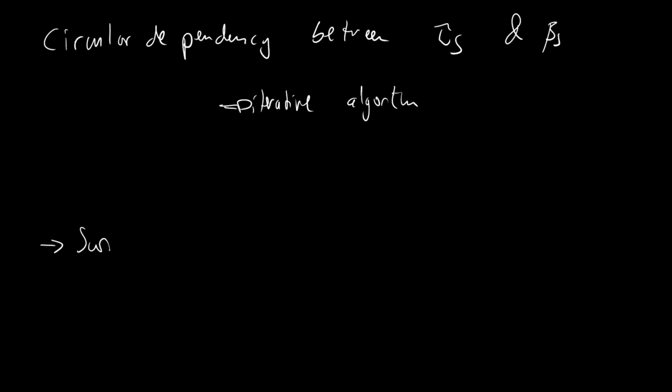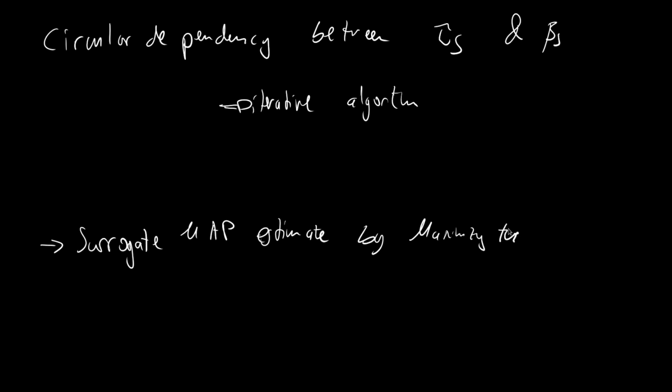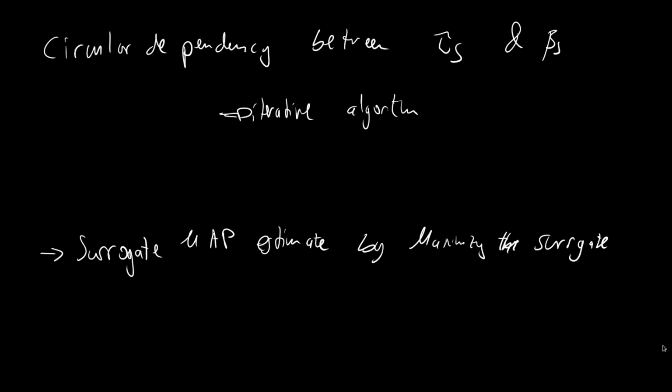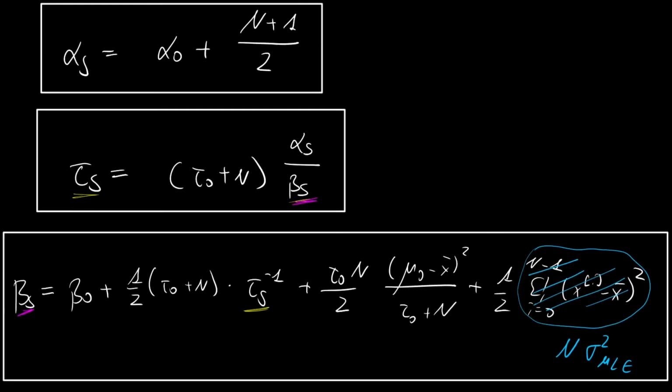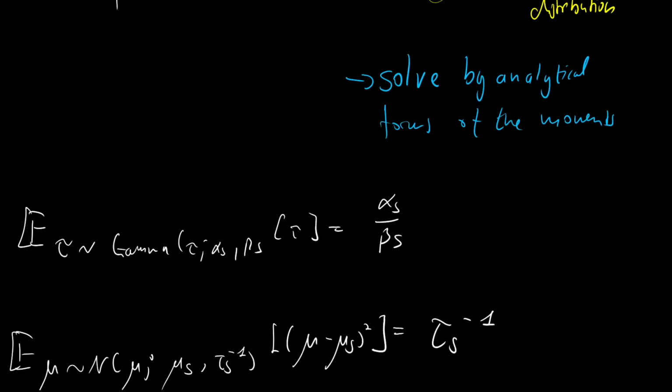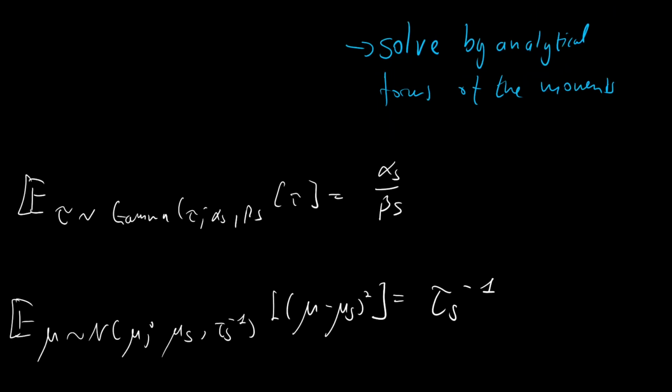I will call this surrogate MAP estimate by maximizing the surrogate. And of course, that is actually, compared to our Gauss-Gamma, a simpler task because these two distributions are independent of each other. So you just have to find the mode of the normal or the Gaussian distribution and the mode of the gamma distribution. And you have analytical forms for this. Then we can also, for completion, note this down.